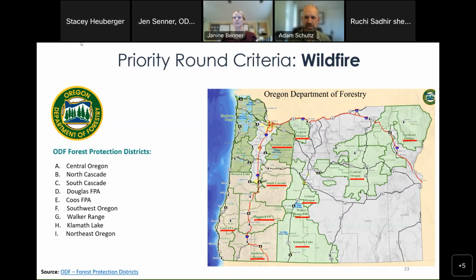I also want to add here, Ruchi, and I don't know if Jen might want to add some detail, but we recognize there's a little bit of confusion in the federal language around microgrids. As Janine mentioned, there is an explicit exclusion of, and I forget the exact language, it was on a slide earlier, but large scale generation, and it's not entirely clear what they're intending to exclude there, because on the eligible list they do include microgrids, which would seem to include some types of generation.